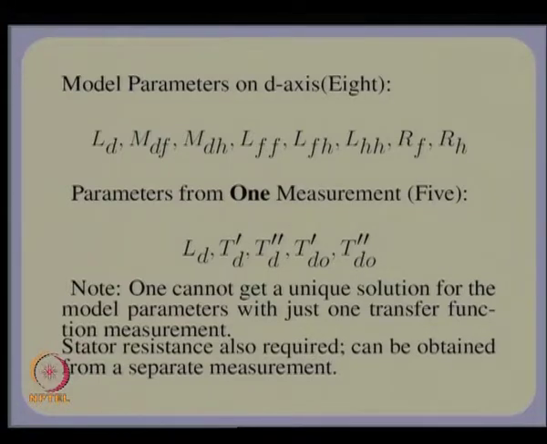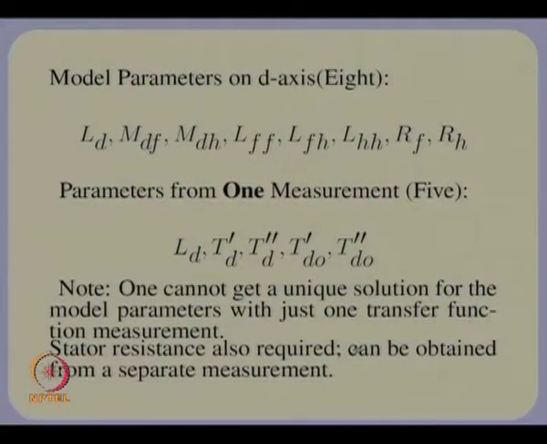The standard parameters are fewer than the number of basic parameters, so we can't really get all of them. Of course, the solution is to have more measurements, but I am describing a situation where you have only these parameters given to you. One can't get a unique solution for the model parameters with just one transfer function measurement, but this is what is typically available to you.